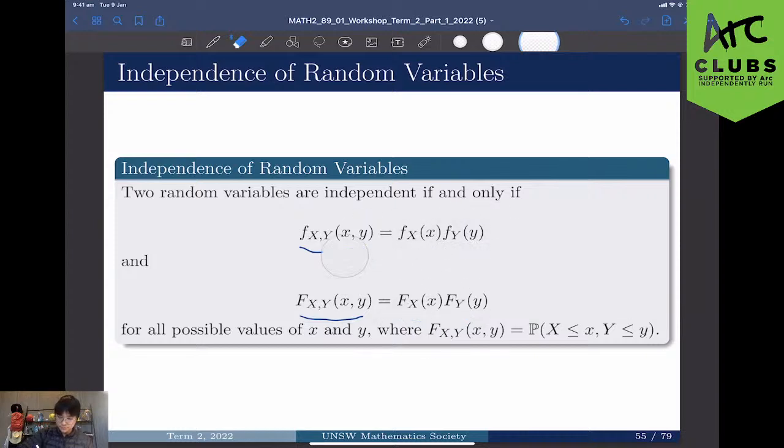With regular independence of probabilities, it's intuitive that if x and y are independent, what y does doesn't really affect x, and what x does doesn't really affect y. So you can just multiply them together to get the joint density function.